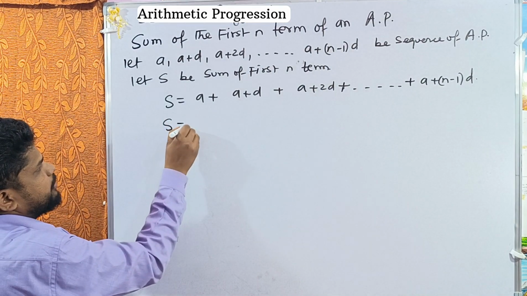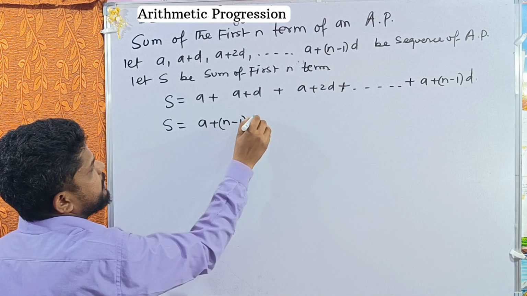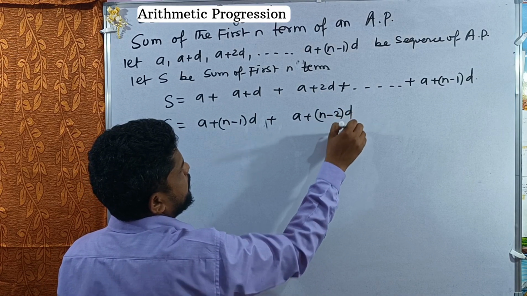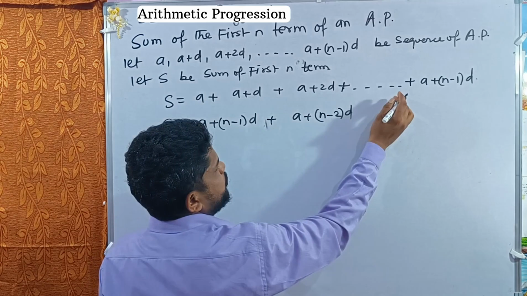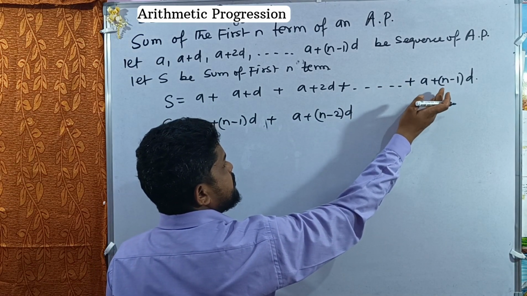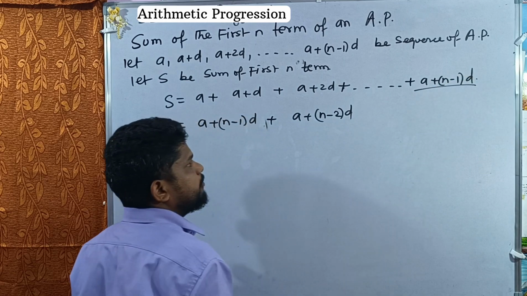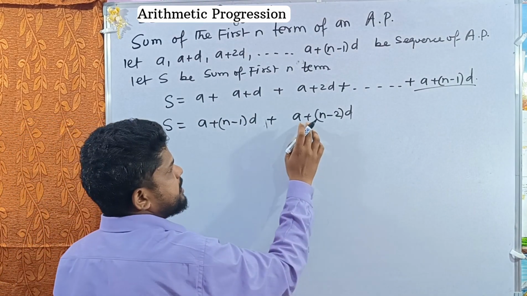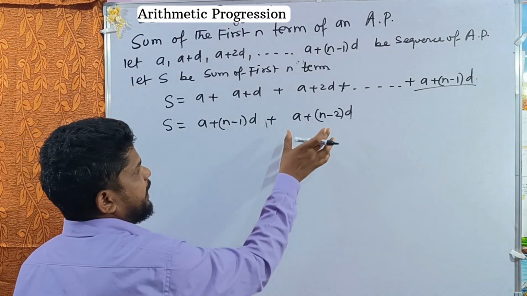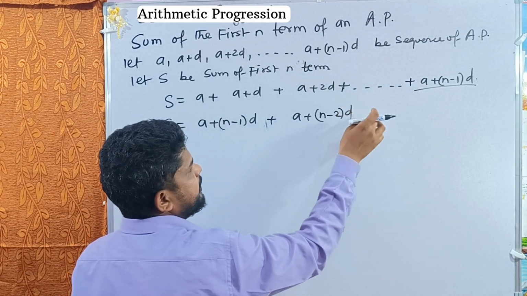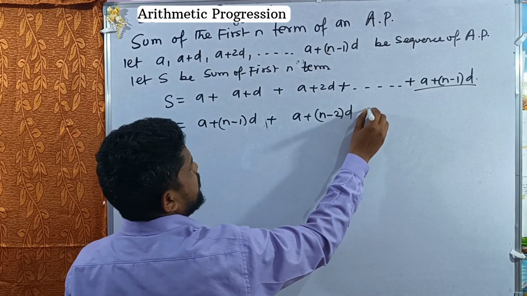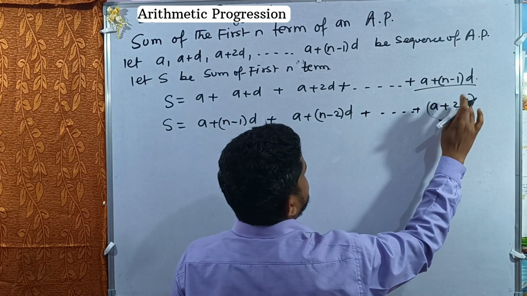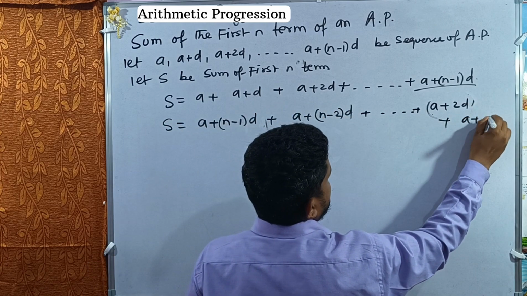S will be equal to a plus n minus 1 d plus a plus n minus 2 d, which is the preceding term of the nth term, and so on, down to a plus 2d plus a plus d plus a.